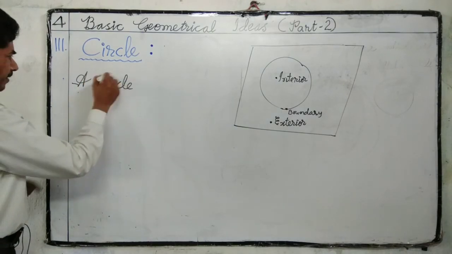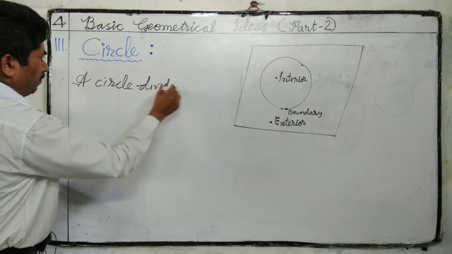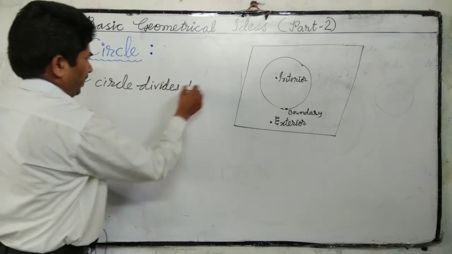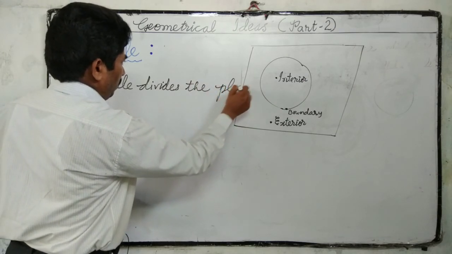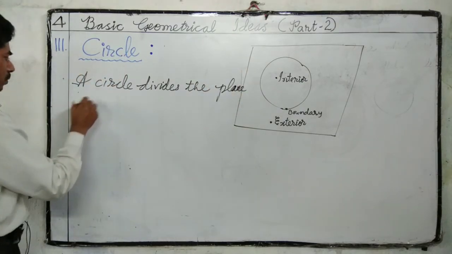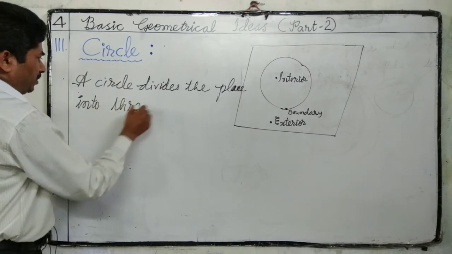A circle divides the plane into three parts.